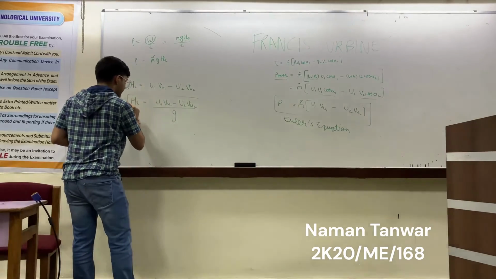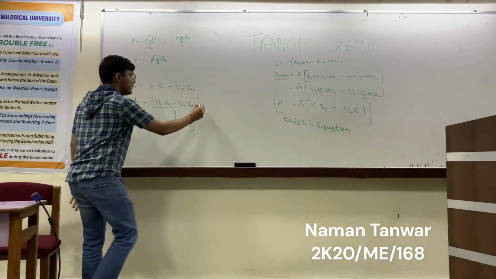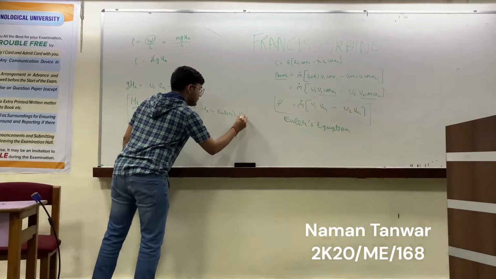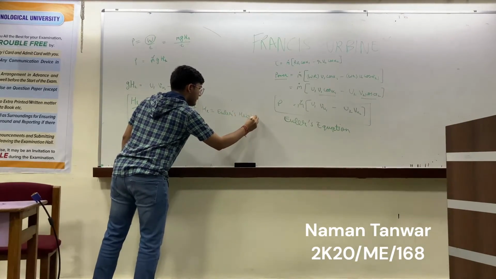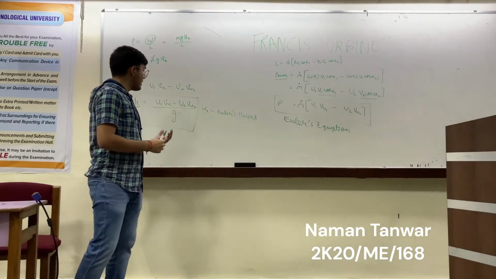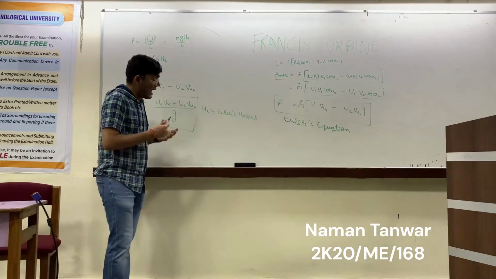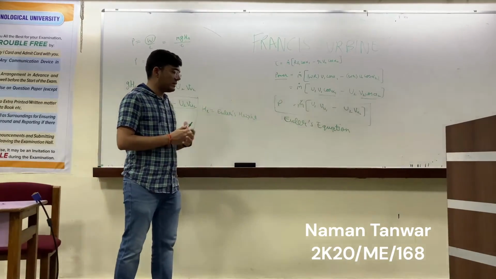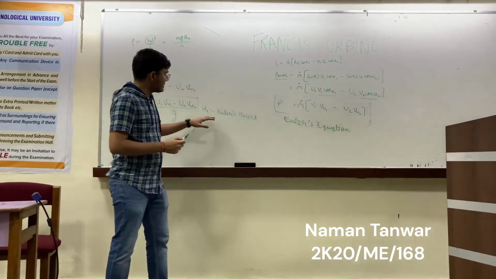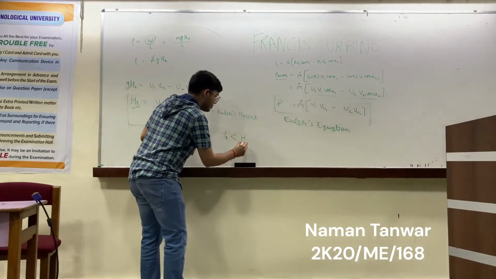This is the expression we got, and this HE is nothing but Euler's height. Because when we actually design and apply the turbine, the actual height which is available for the turbine is greater than this energy, because the ideal one will always be less than the actual.